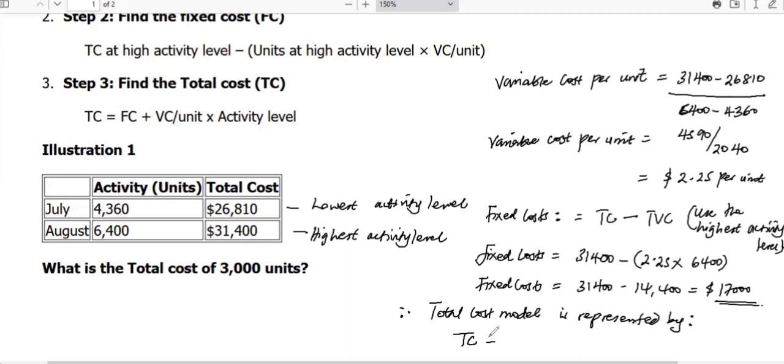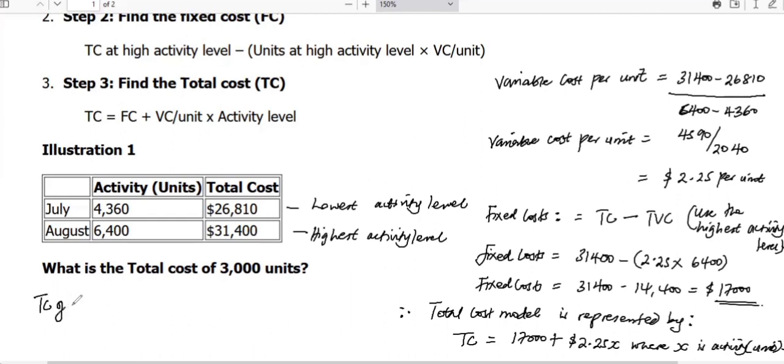By your total cost equaling fixed costs, which we have as 17,000, plus the variable cost per unit, which is $2.25x, where x is the activity in units. So what is the total cost of 3,000 units?